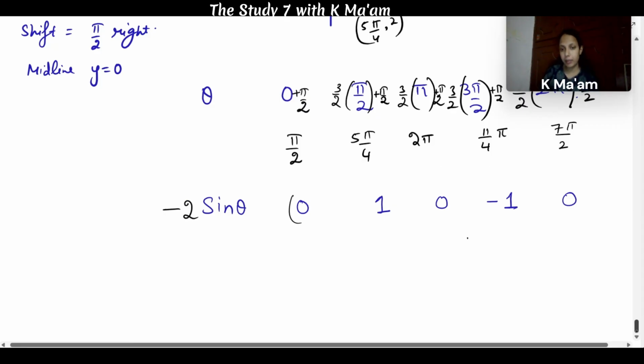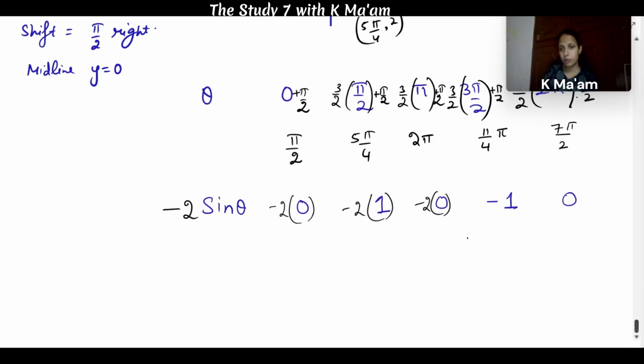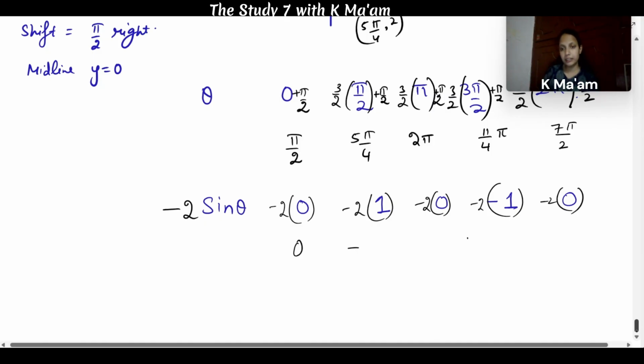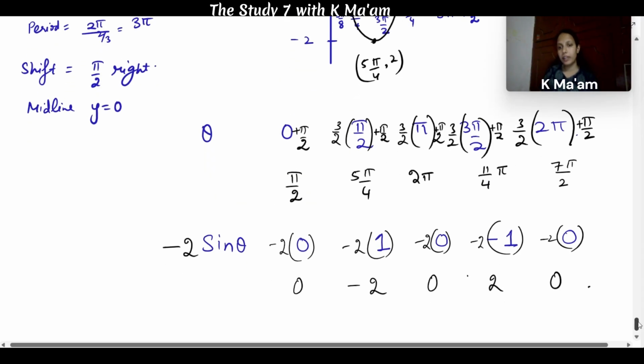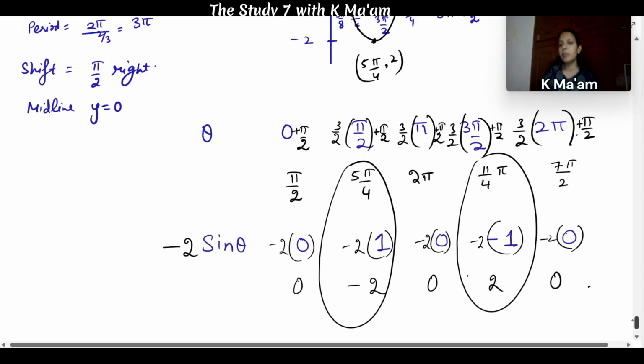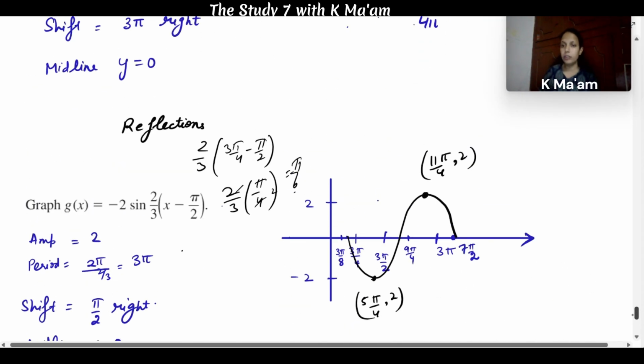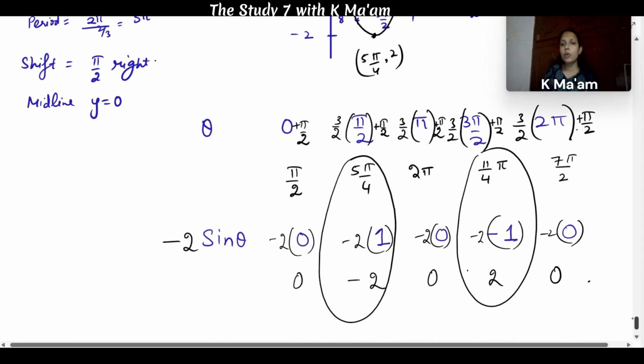Each number multiplied by minus 2. Simplify: 0, minus 2, 0, 2 and 0. So check it. You get the minimum value at 5 pi by 4, the maximum value at 11 pi by 4. You can also calculate this directly. If you want to go with the basic values, there is another way also.